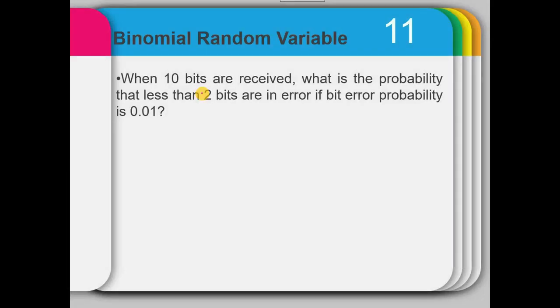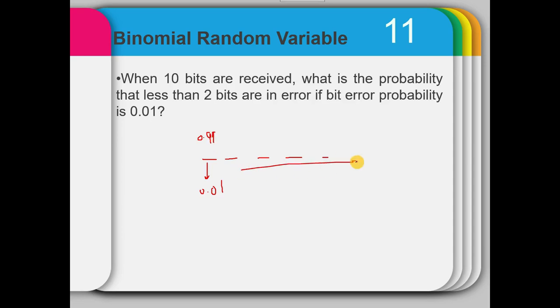I'll leave this example for you to solve, because as you can see, this is very clearly a binomial random variable. We received 10 bits. Sorry, what is the probability that less than 2 bits are in error if the bit error probability is 0.01? So this bit has a probability of 0.01 that it will be in error, or you can also say that it has a probability of 0.99 that it will not be in error.